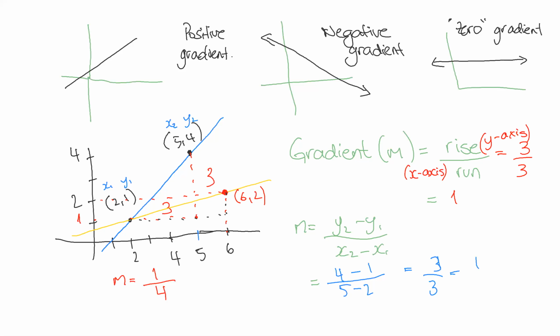And as the number is getting greater than 0, the line is becoming steeper and steeper. So if you get a large gradient, our line is going to be steep, and if you're getting a gradient that's really close to 0, that means you're getting almost a straight line. Okay? Does that make sense? Yeah, that makes sense.